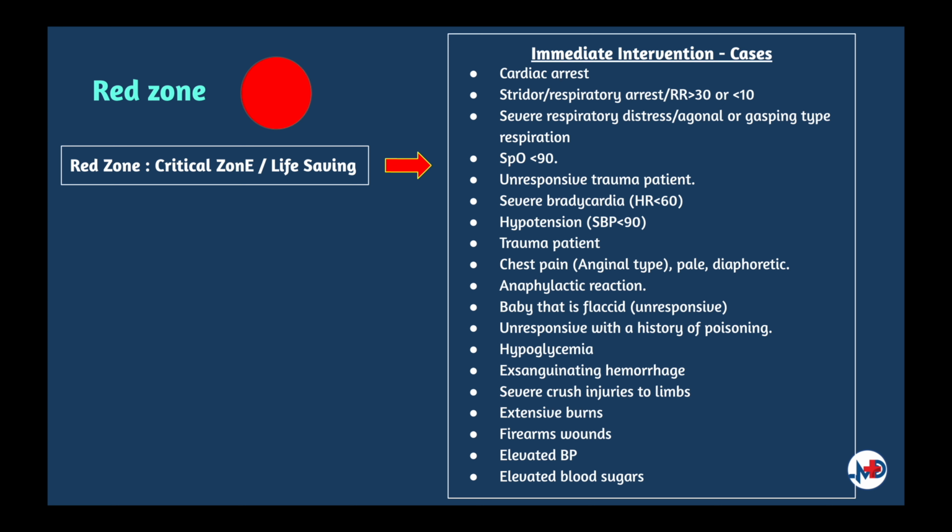The type of cases that would be presented here are cardiac arrest, stridor or respiratory arrest, unresponsive trauma patient, severe bradycardia, hypotension, trauma patient who requires immediate fluid resuscitation, chest pain, anaphylactic reaction, a flaccid baby, unresponsive with history of poisoning, hypoglycemia, severe crush injuries, near drowning, and many more.